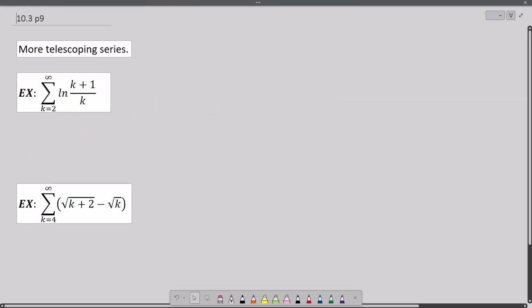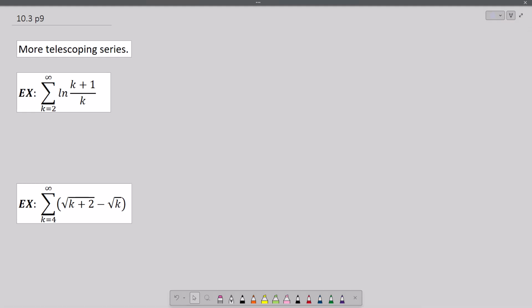All right, so this top one doesn't look like a telescoping series. It's not in that sort of fraction minus fraction form, which is the classic telescoping series. But we have a log property that we all know well by now. And that log property is that if you have the log of a fraction, you can turn that into a subtraction.